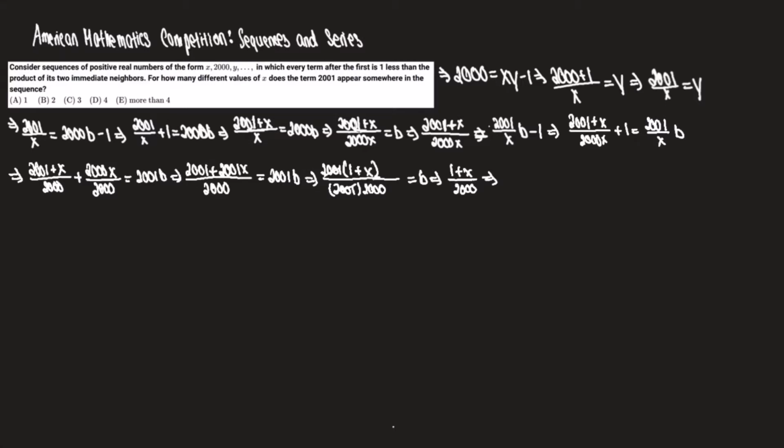1 plus x divided by 2000 is going to be equal to the preceding term, which was 2001 plus x divided by 2000x, times b minus 1. Oh wait, we didn't finish the expression.